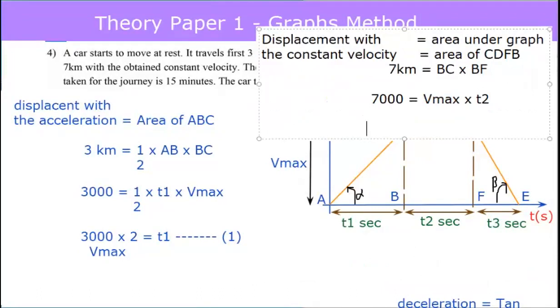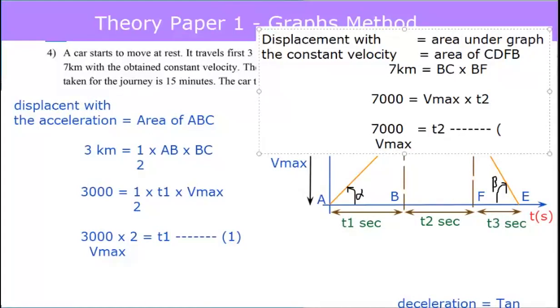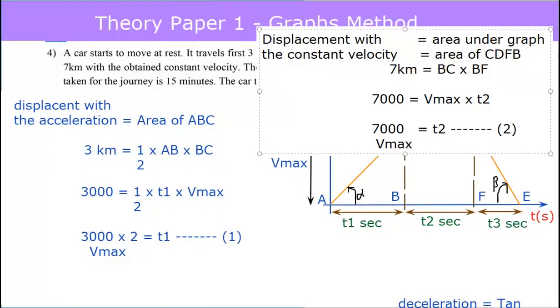So 7,000 divided by Vmax equals T2. And let me mark this as my second equation. Who got this expression? Lamai, please raise your hand if you got this expression. Okay, very good. Now we have two expressions, one for T1, the other one for T2.